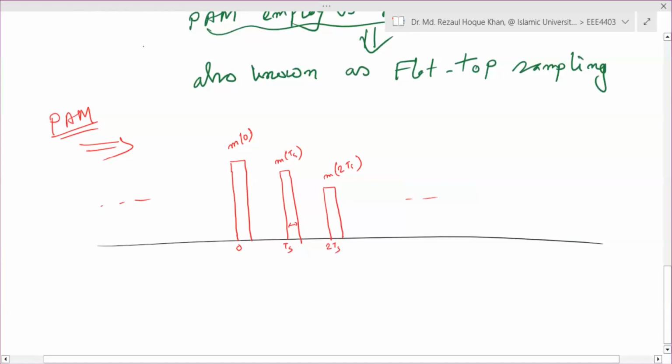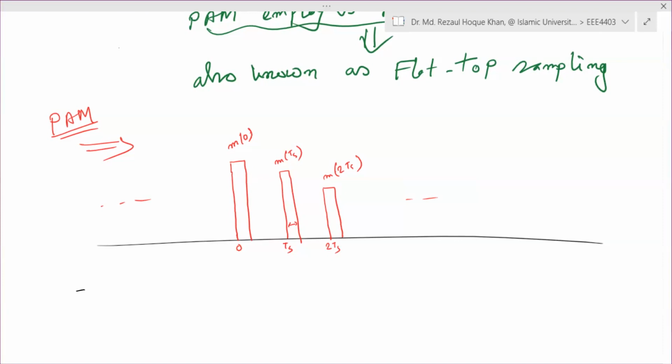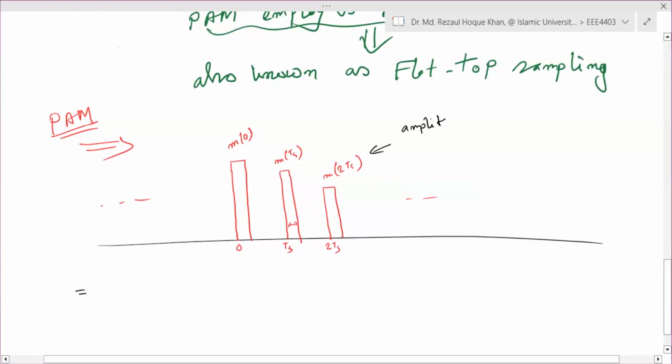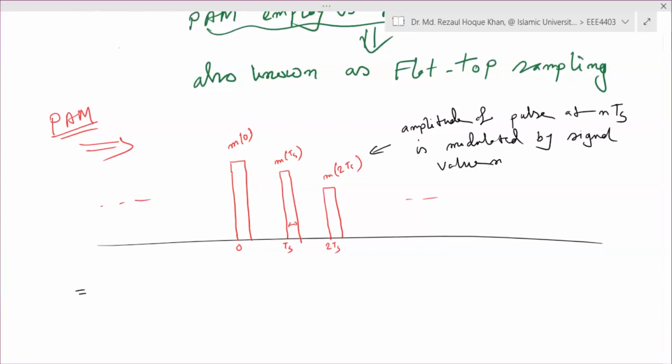The amplitude of the pulse at n of Ts is modulated by the signal value at nTs, right?